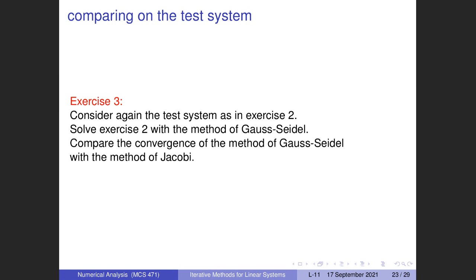For that, the method of Jacobi was converging very, very slowly. Here you will see that the method of Gauss-Seidel converges significantly faster. That's the computational selling point for the method of Gauss-Seidel.